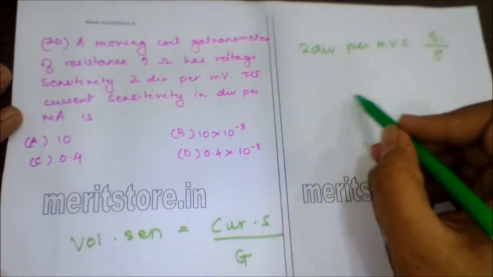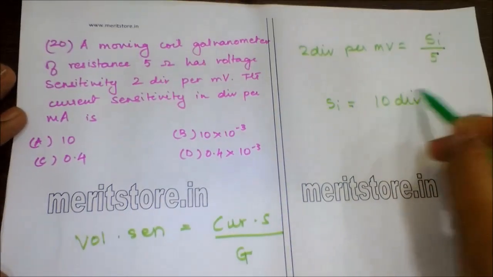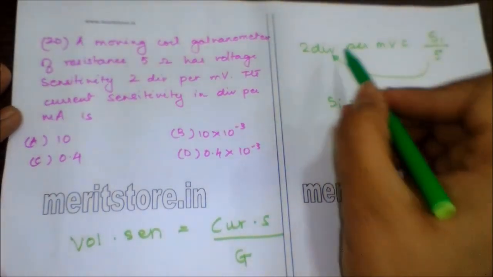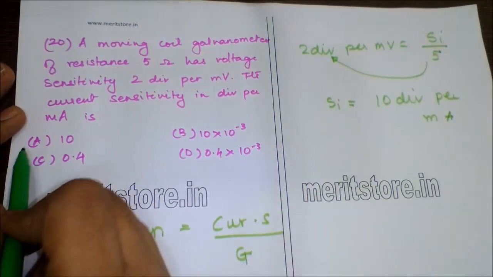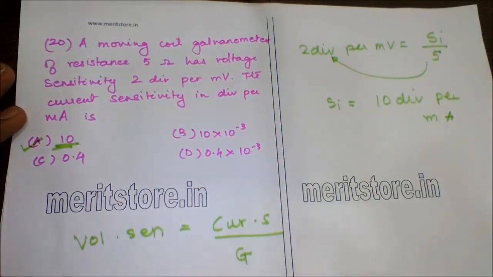So current sensitivity will be 10 divisions per milliampere, 5 will go for multiplication. So option A, 10, is the correct answer.